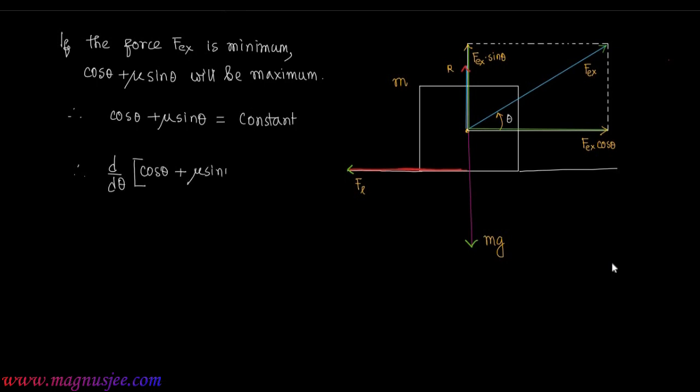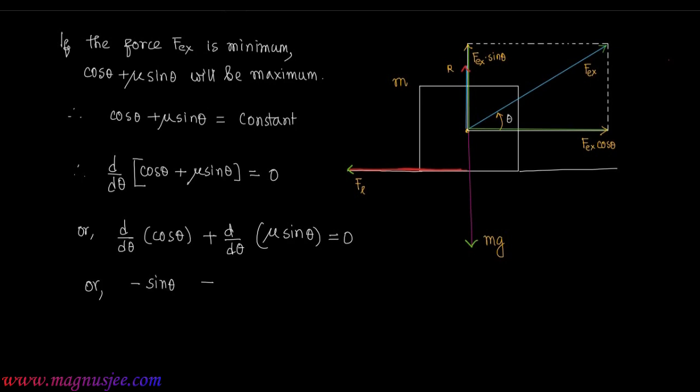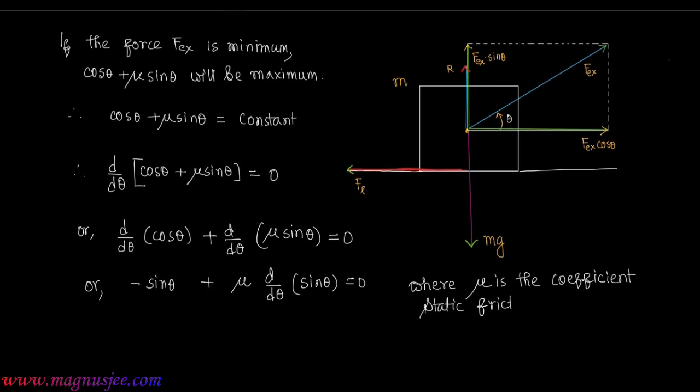Therefore, d/d theta of (cos theta plus mu sin theta) equals 0, or d/d theta of cos theta plus d/d theta of mu sin theta equals 0. Now d/d theta of cos theta becomes minus sin theta, plus mu is taken outside, mu d/d theta of sin theta equals 0, where mu is the coefficient of static friction, and limiting friction Fl is equal to mu into R, where R is the normal reaction.